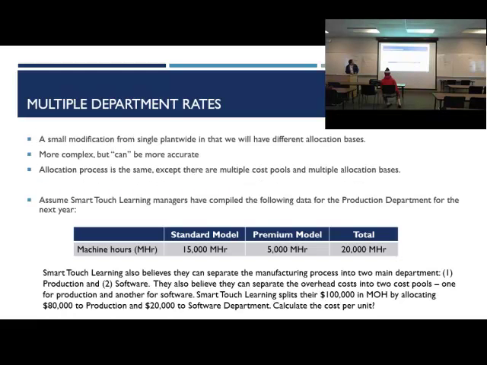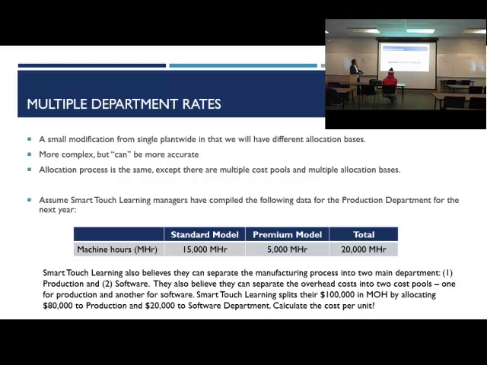And that's why we use something called a multiple department rate. Which means we're going to first estimate what the manufacturing overhead is in each department, or even each product, and go from there.